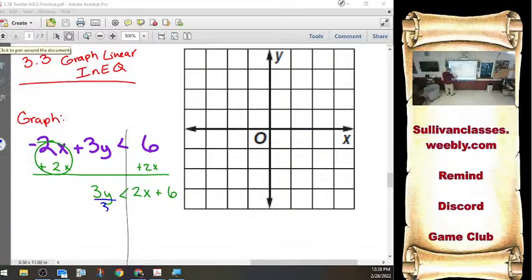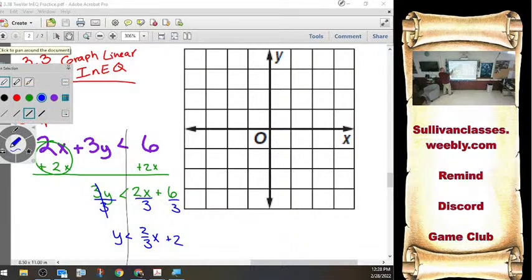So I divide by 3. But did you remember, we did this several times, when you divide everything. Math is communist. What you do for one, you do for all. Divide by 3. Divide by 3, so that's y is less than 2/3 x, and 6 divided by 3 is 2. Okay.